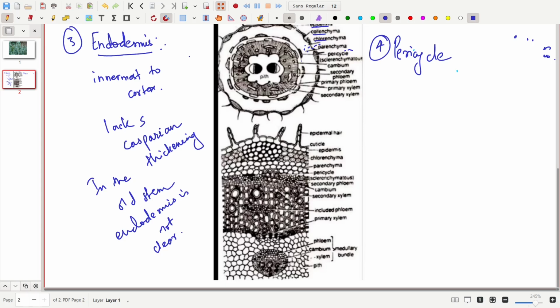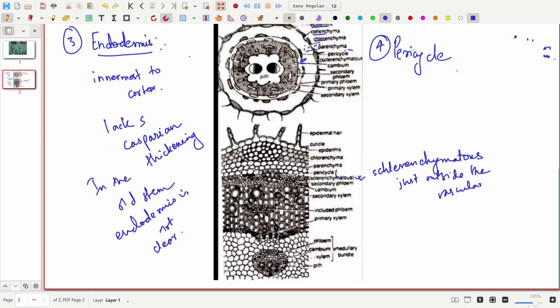You can see the pericycle here. In its enlarged view, the pericycle is just below the cortex, and it is represented by a group of sclerenchymatous cells, which are situated just outside the vascular tissue. They are dead cells.